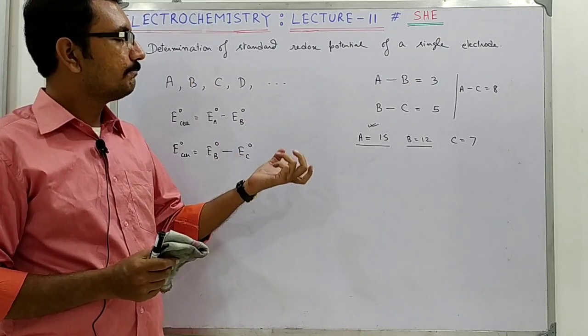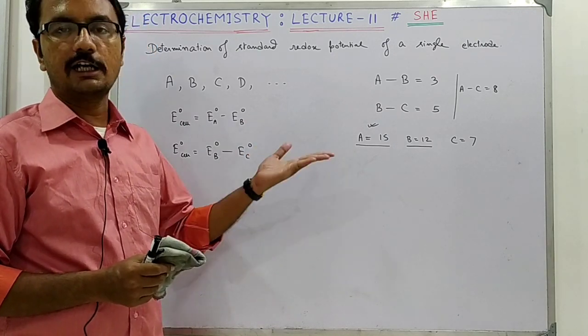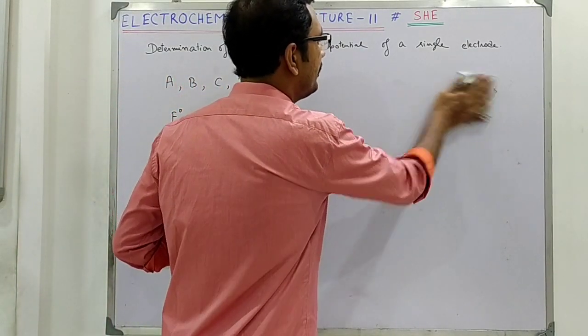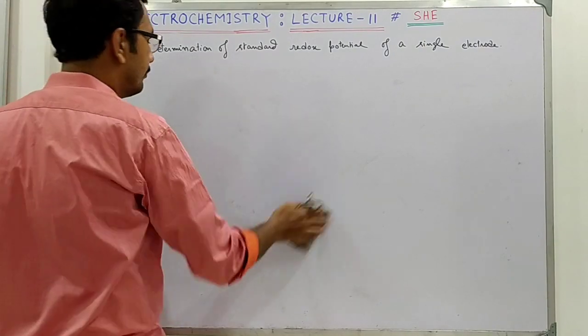The first reference electrode that was considered is the standard hydrogen electrode, and that in abbreviation is termed the SHE. This is our topic today.